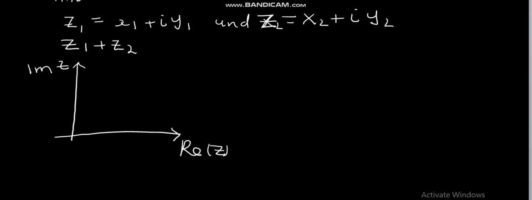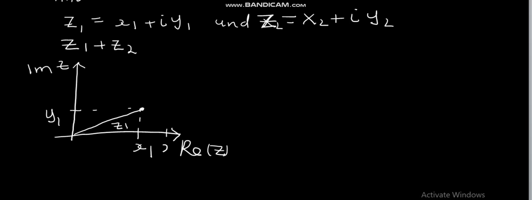Now we have to first plot Z1. Z1 has point X1 and point Y1. Upon joining, we get our Argand point there, which is Z1, and we are going to plot Z2.